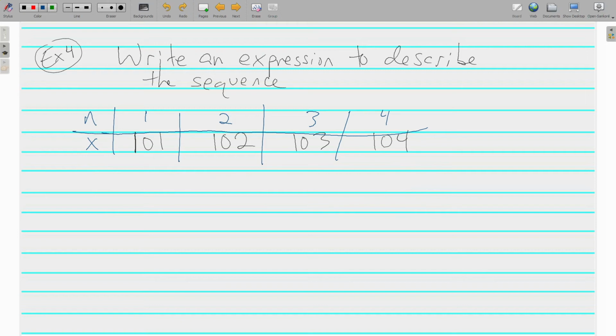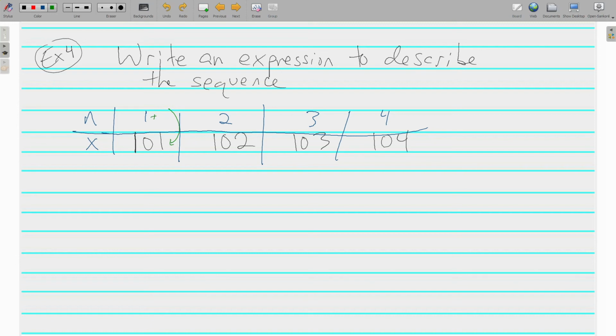So what do you do to 1 to get 101? Well, you could multiply it by 101. But would that work over here? Is 2 times 101 102? No, that would be 202. That's not what we're looking for. What else can you do to 1 to get 101?